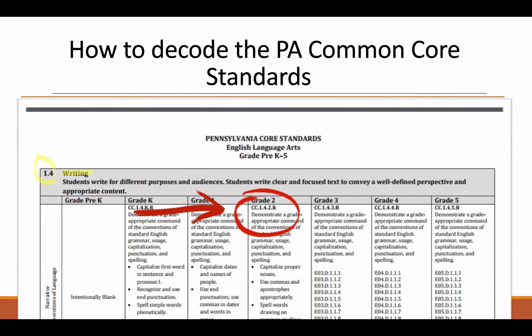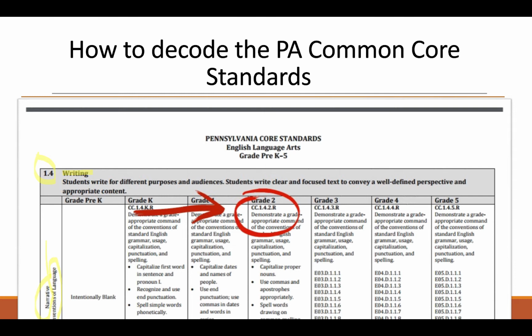On the left side will be the category. For example, this standard refers to narrative writing, and specifically within narrative writing, conventions of language. Other standards will have other categories here, be them reading or speaking and listening or writing or foundations of reading.